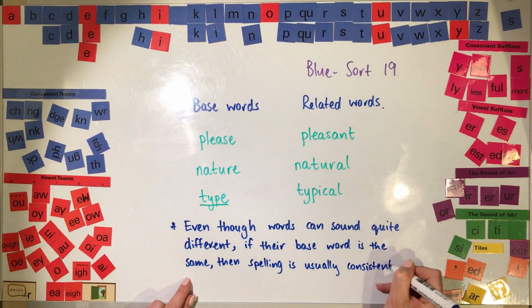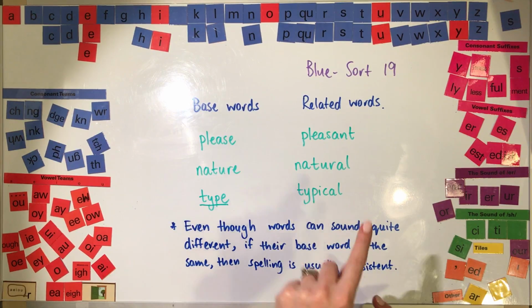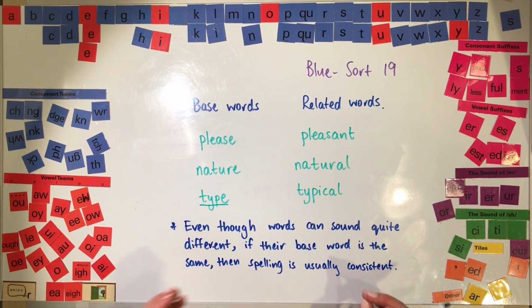So that means the same. So even though words can sound quite different, if their base word is the same, then the spelling is usually consistent. So I want you to write that down in your notes.